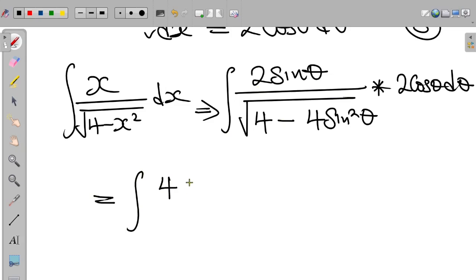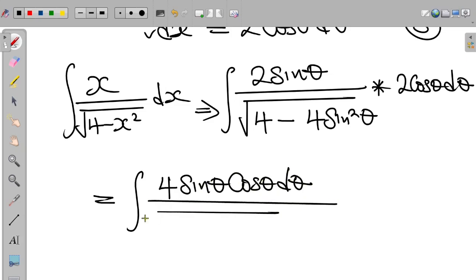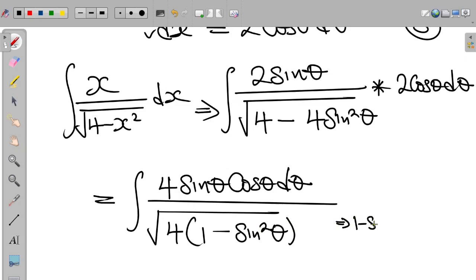So we have 4 sine theta cos theta d theta divided by the root of, if I factor out 4 from this expression, 4 open bracket 1 minus sine squared theta. And we know that 1 minus sine squared theta is equal to cos squared theta.